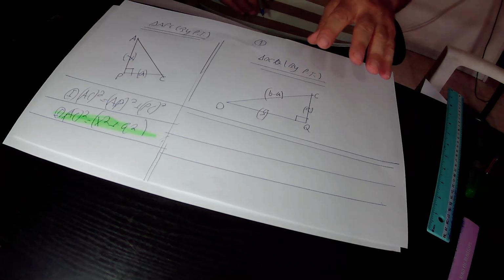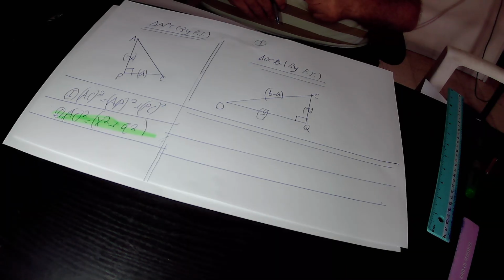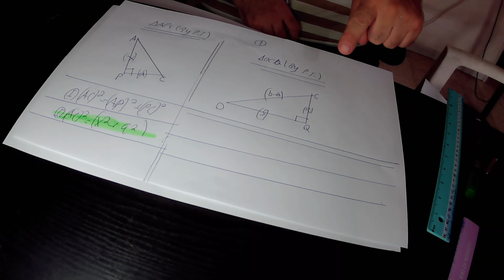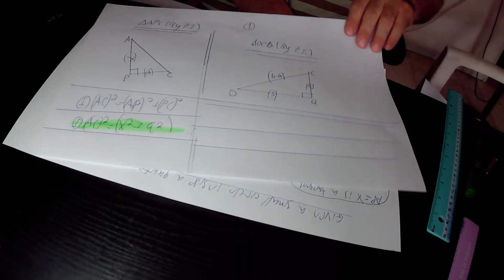So this is the right triangle OCQ that I copied from the original drawing. In this right triangle OCQ, according to the Pythagoras theorem, OC squared, that is the square of the hypotenuse, equals CQ squared plus OQ squared. So write it down. This will be equation 2.